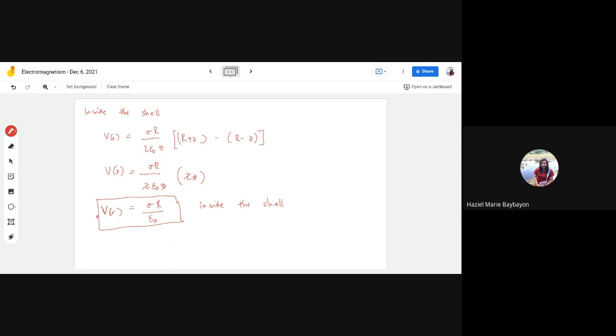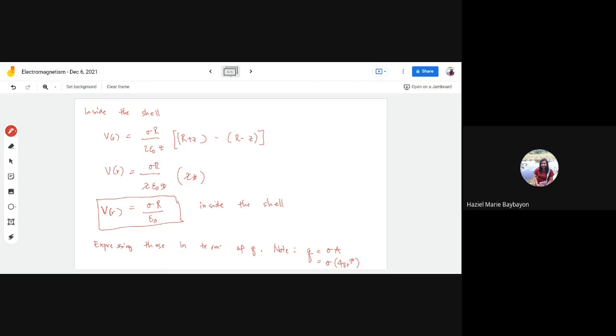Now, we can actually express this in terms of Q. Take note that Q is equal to sigma A, or sigma times 4 pi r squared.